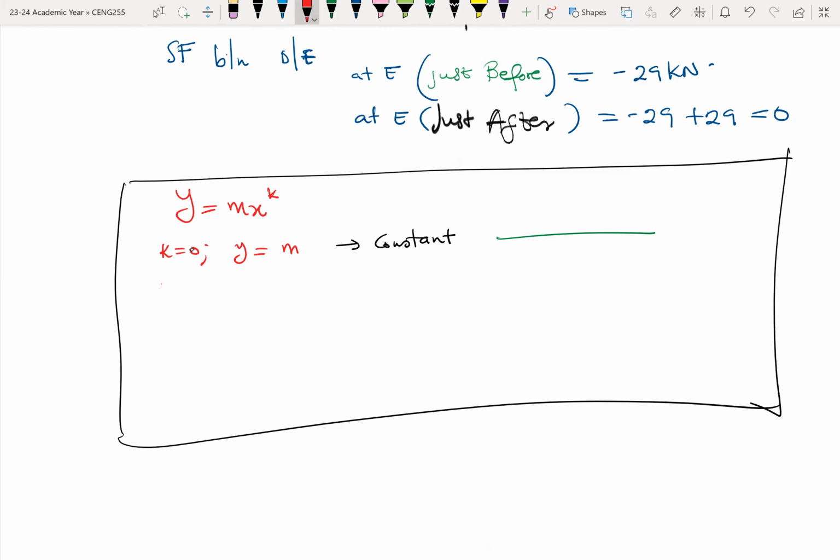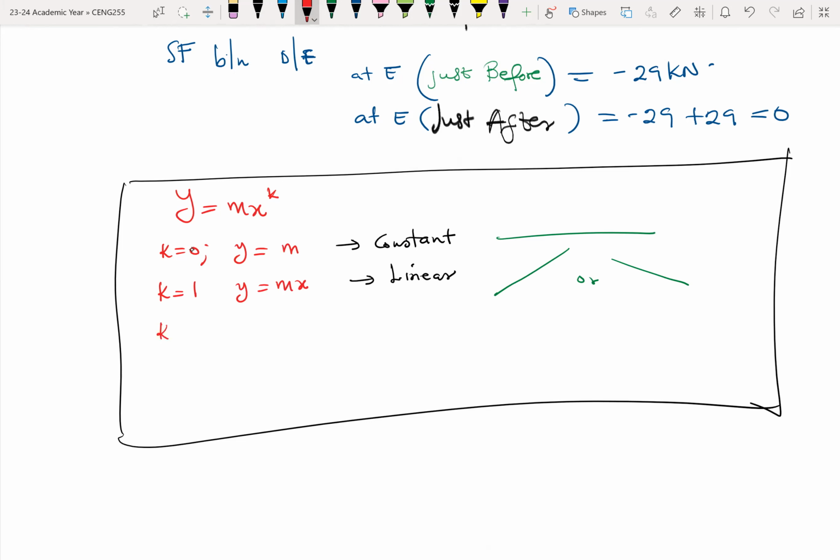Now when k is equal to 1, then y is equal to mx. Okay. And this will give us a linear variation. Okay. So your line can either be this shape or that shape, depending on whether there's a negative in front of the equation.